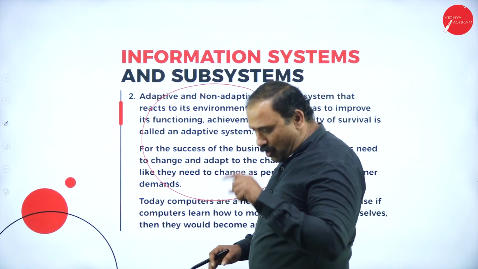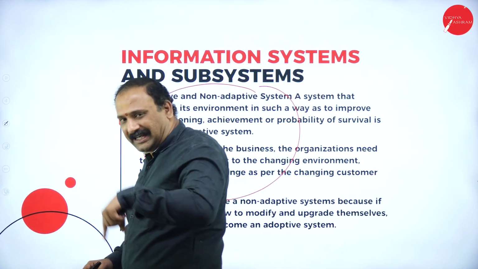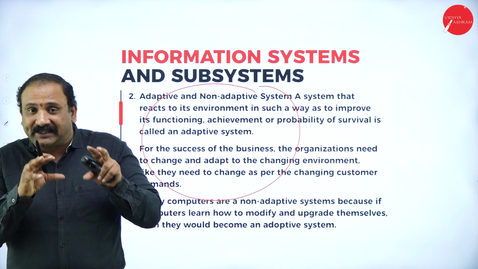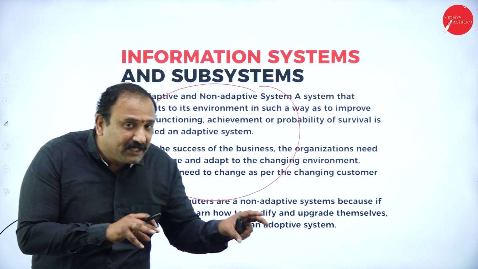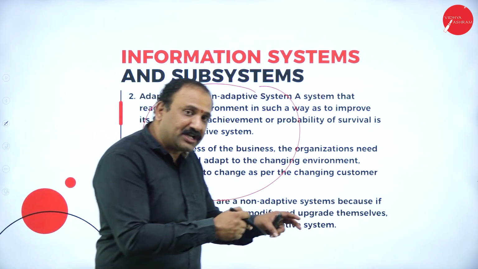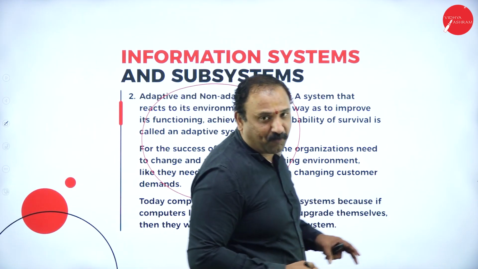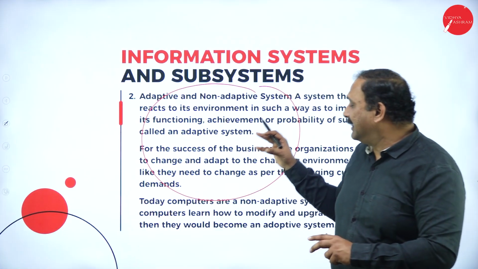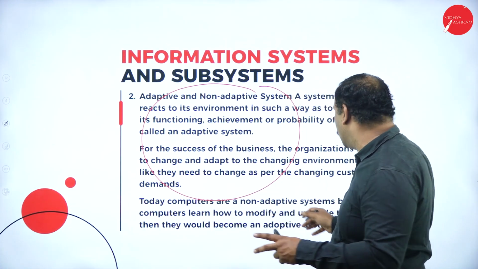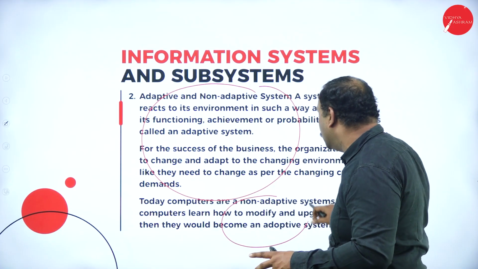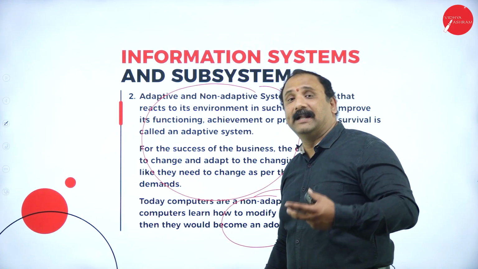But let's come to the context today. The most important thing is whether your system is business ready, flexible enough to understand the business and take the business forward. Then only you can have an adaptive system, because today's computers want to learn and modify, upgrade themselves.